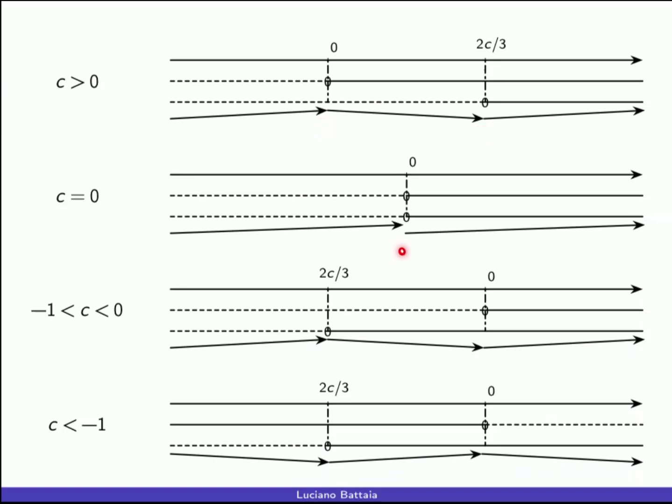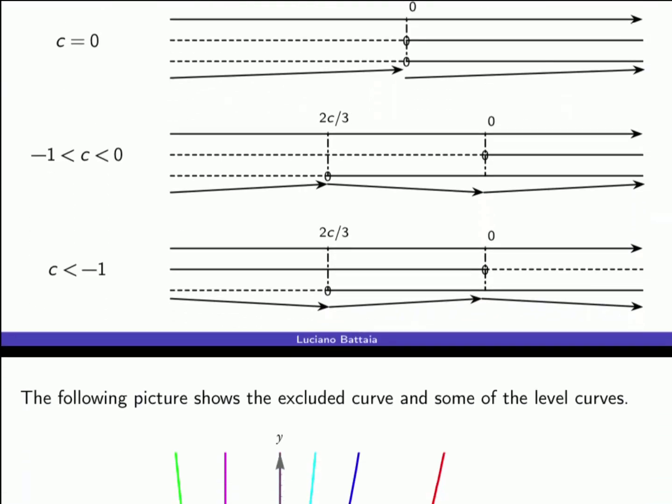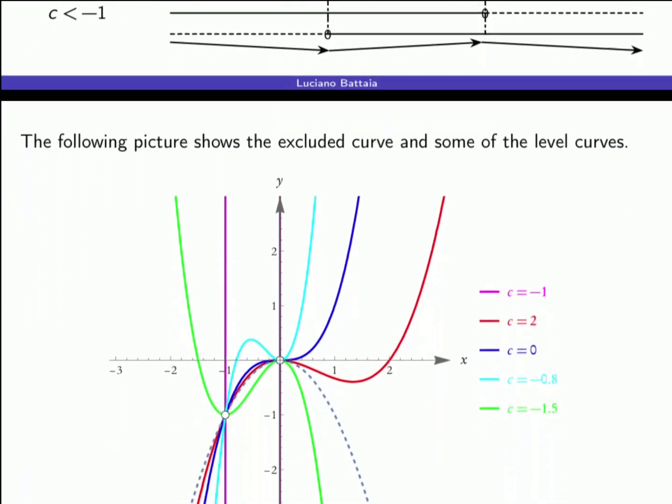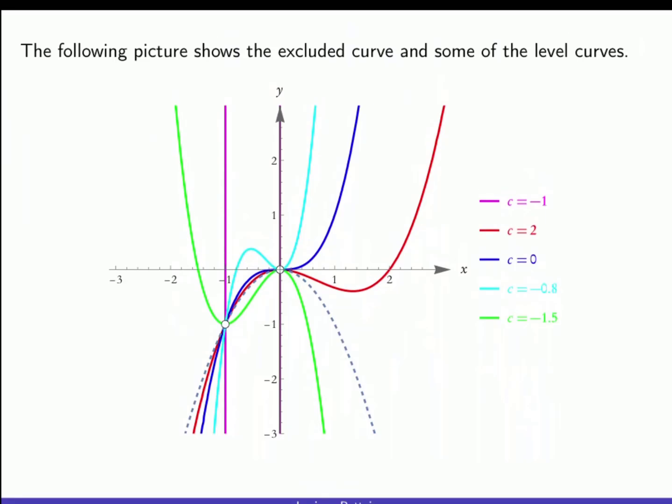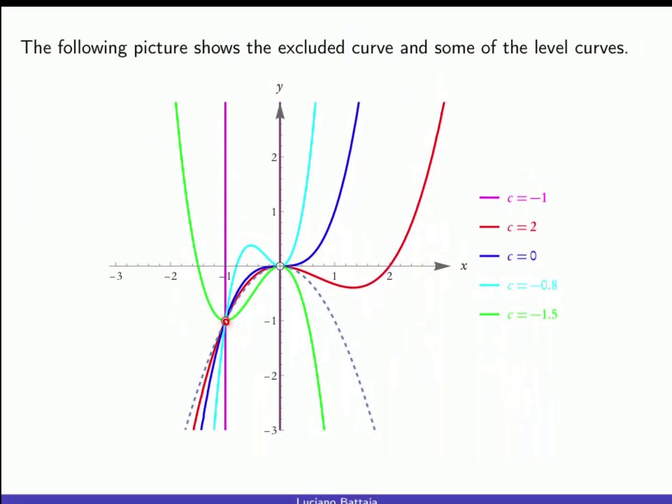Here no maximum nor minimum. It is the function y equals x cubed. In this case a maximum and a minimum. In this case a minimum and then a maximum. And this is exactly what happens in these pictures. Sometimes a minimum and then a maximum, sometimes a maximum and then a minimum.